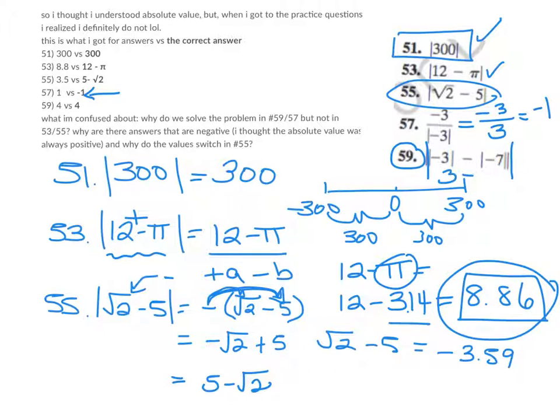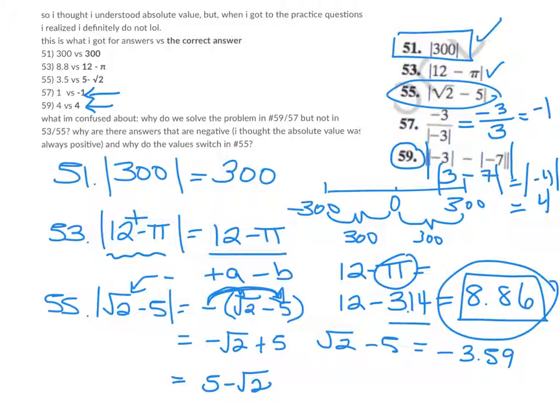Subtract the absolute value of negative 7, which becomes positive 7. And then we're going to take the absolute value of that. So 3 subtract 7 is going to be the absolute value of negative 4. And then the absolute value of negative 4 is just going to be positive 4. And that's how you get the answer to 59.